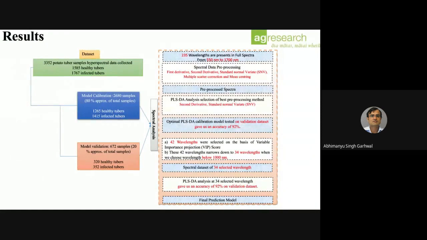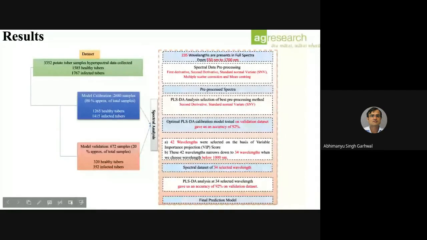The spectral range that we use is from 550 to 1700 nanometers, but the camera cost above 1000 nanometers is very high. So we wanted to see how many wavelengths below 1000 nanometers are important, and whether there is a change in accuracy. We conducted another analysis and found 34 important wavelengths below 1000 nanometers, with almost the same accuracy, 92% on the validation model.